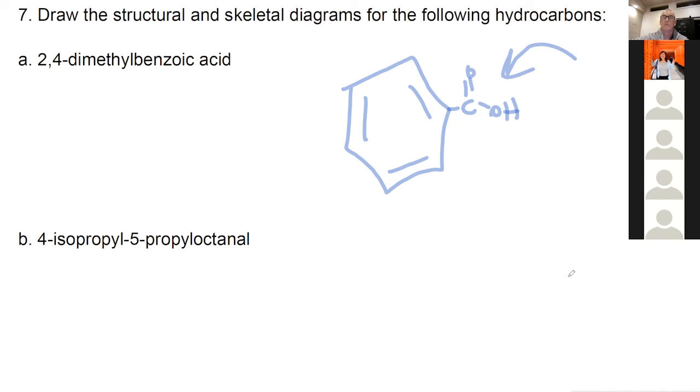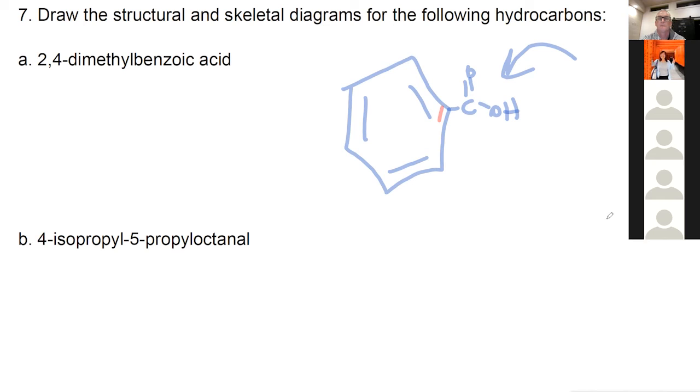If it was not in a benzene ring, then you would have to label where the acid is. Well, if it wasn't in a ring, then it wouldn't be benzoic acid. But if this was a linear problem, you would have to number where the carboxylic acid is, right? Nope, because it would still be the highest priority.